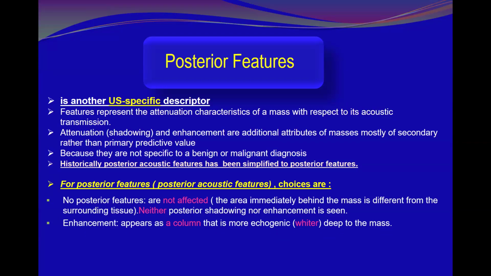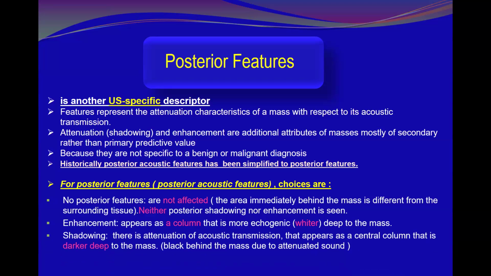Enhancement means there is a column of more echogenic or white area deep to the mass. And shadowing is attenuation of acoustic transmission that appears as a central column that is darker deep to the mass.